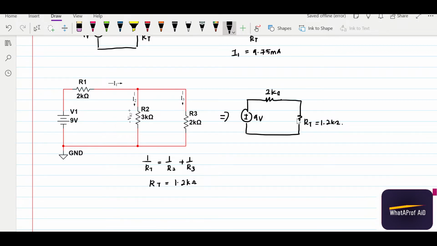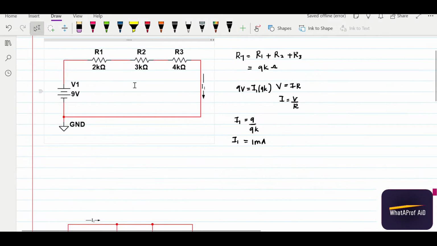Okay, then the total current I1 originating from this power supply can be obtained by the basic Ohm's law, where V equals to IR. The total resistance here is actually 3.2. So I1 equals to 9 divided by the total resistance, 1.2 and 2 kilo ohm, same as for the circuit before this.